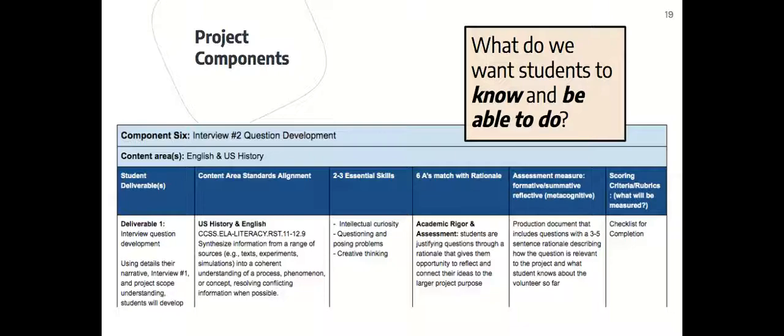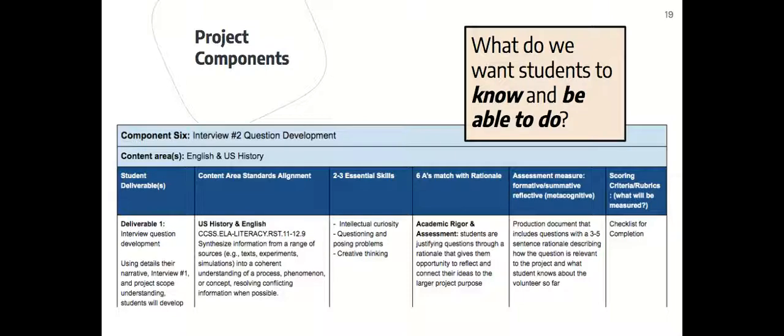What you don't see on this slide is that students were writing questions, but then they had an additional space where they had to explain the why behind that particular question. That's part of the academic rigor and the assessment involved. The way this particular deliverable is being measured is through a production document where students have an opportunity to complement their interview question with that 3 to 5 sentence rationale.